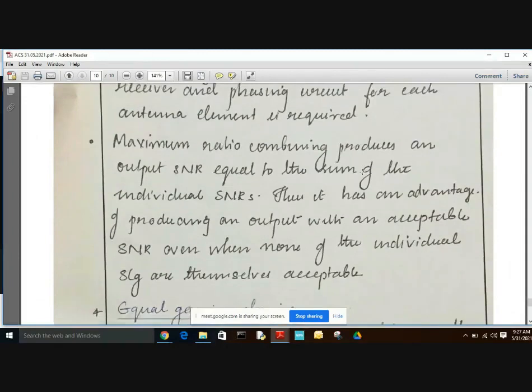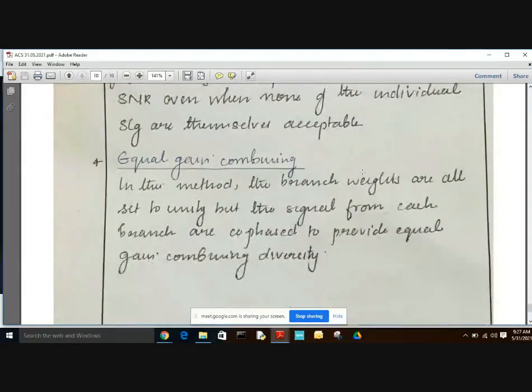And the last one is equal gain combining. In this method, the branch weights are all set to unity, but the signals from each branch are co-phased to provide equal gain combining diversity. So in equal gain combining, all the branch weights are equally set to unity.